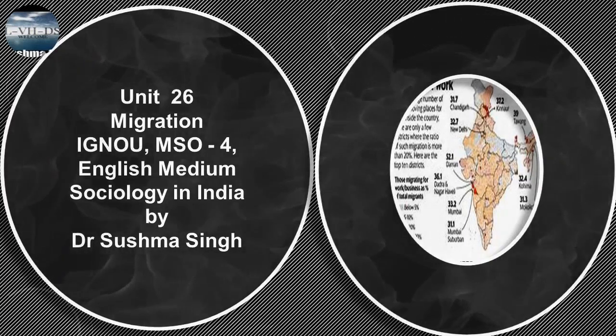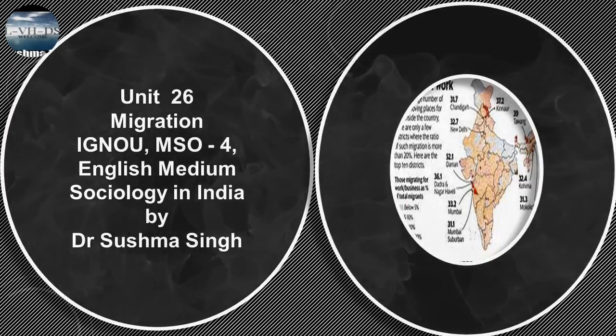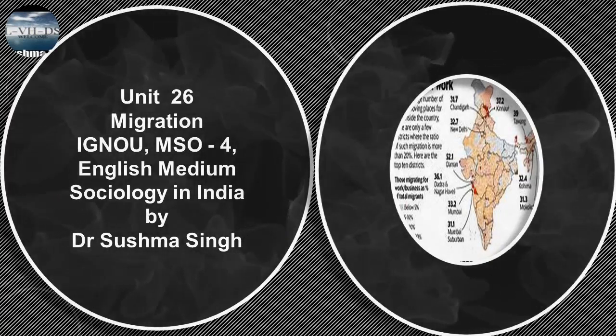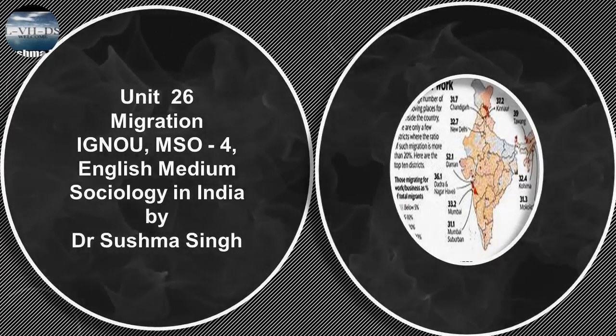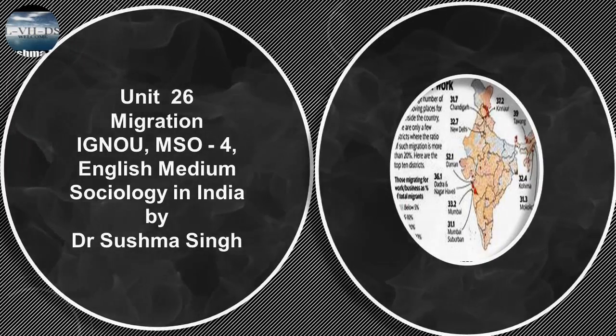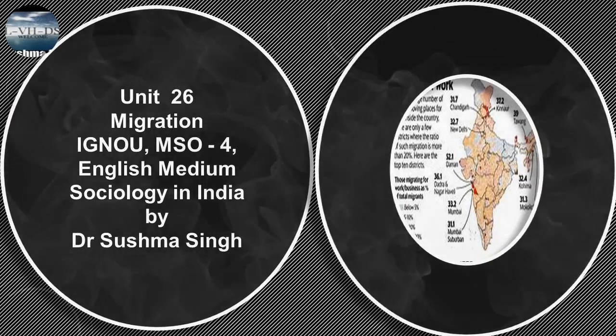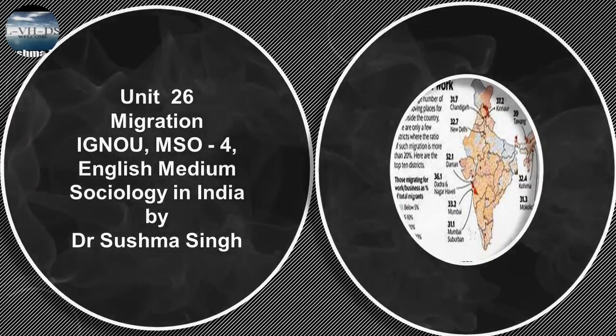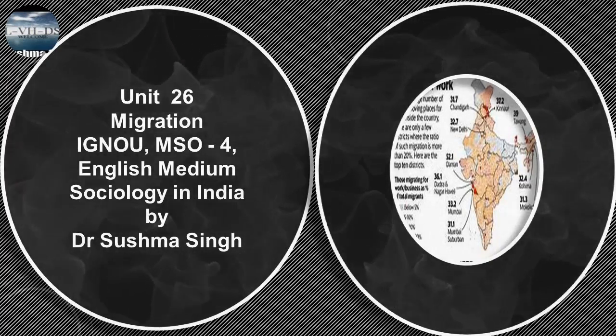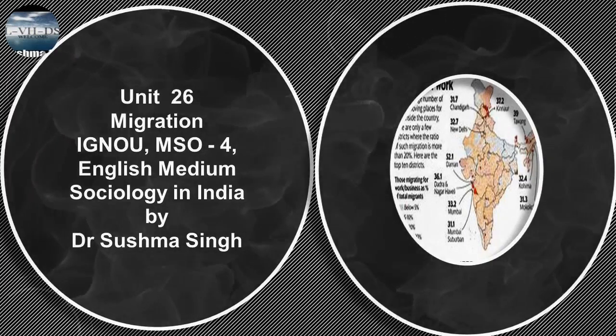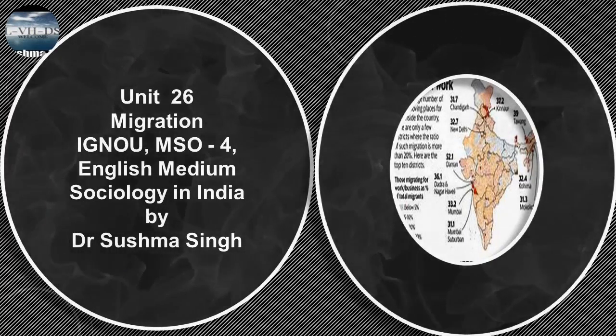Migrations differ in terms of direction, distance, duration and the purpose and motive behind the movement. Migration may be classified as free or voluntary as opposed to forced and impelled. Some migrations are due to push factors while others are in response to pull factors.